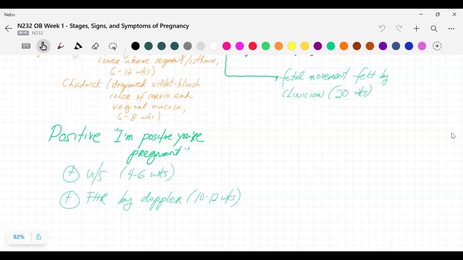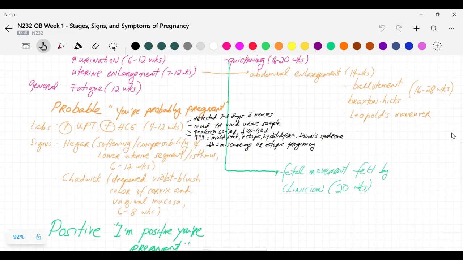So that's a positive sign of pregnancy. Again, all the time you see the fetus in there, and fetal movement felt by the clinician. Okay, so again, it's a provider that's feeling the baby move. So those are the only 3 positive signs. Okay. Apart from that, it's either probable or presumptive.